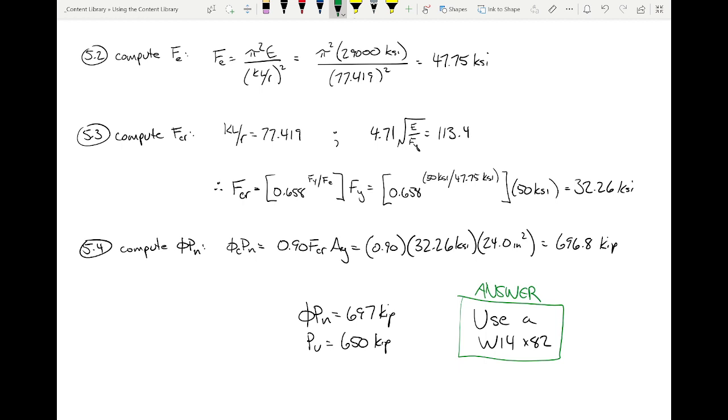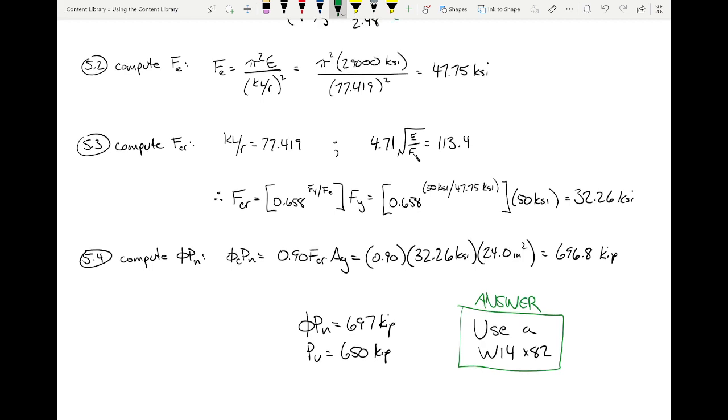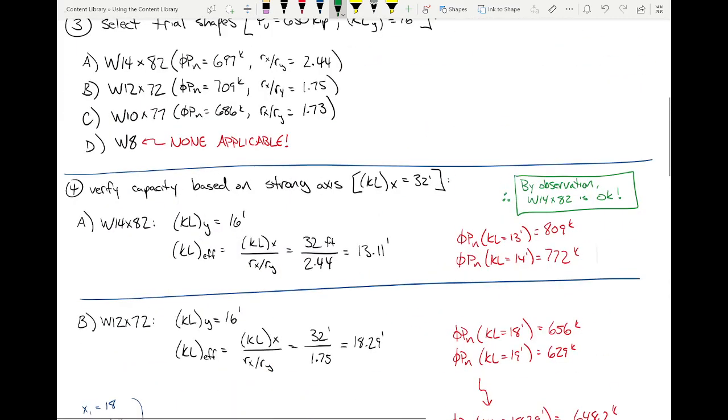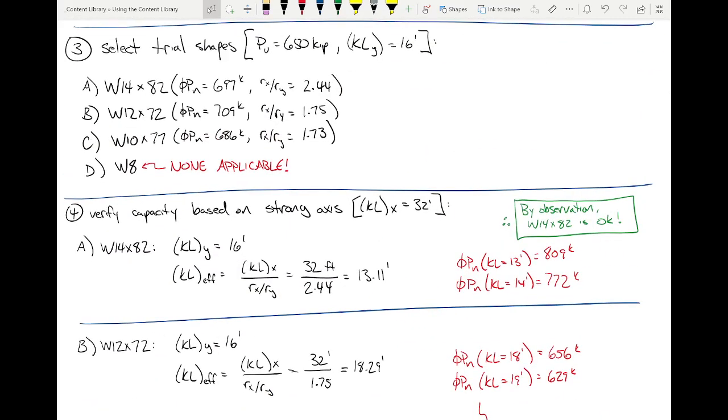And don't worry, I haven't forgot your question. I'm going to get to it. Now, what did we get? 696.8, round up to 697. Remember, when we selected the W14 by 82, what did we select it based off of? A capacity of 697, right? And we ended up finding that the weak axis buckling governed for that shape, and so the capacity that we looked up, that was the capacity. So this is just us checking it.